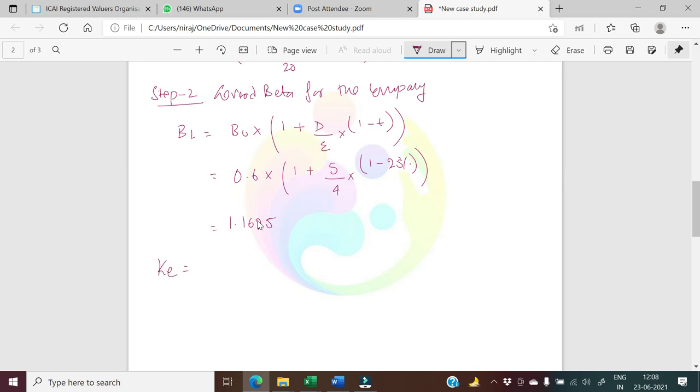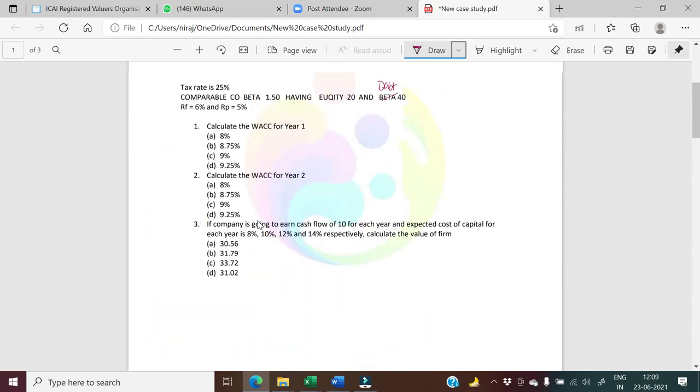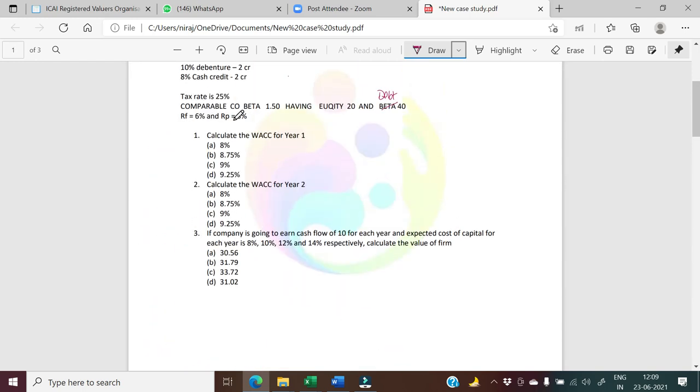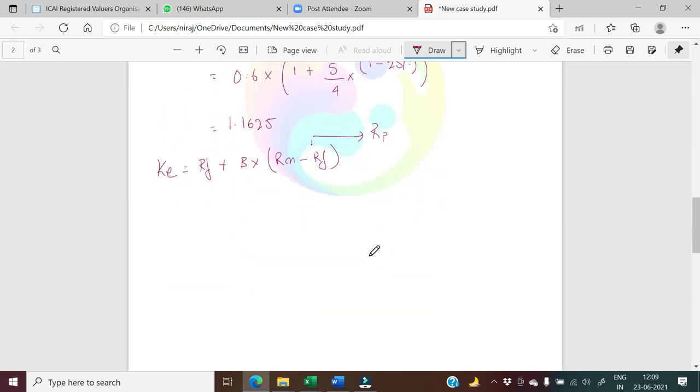The formula for cost of equity as per CAPM is RF plus beta multiplied by RM minus RF. RM minus RF is also called RP, that is risk premium. The data given to us is RF is 6%, RP is 5%.